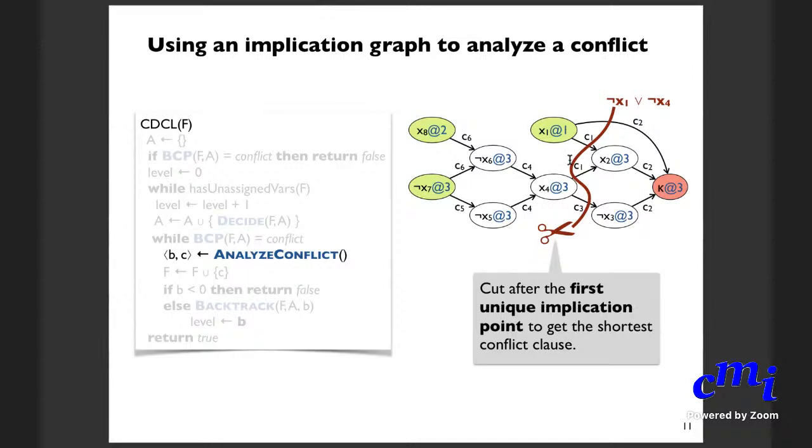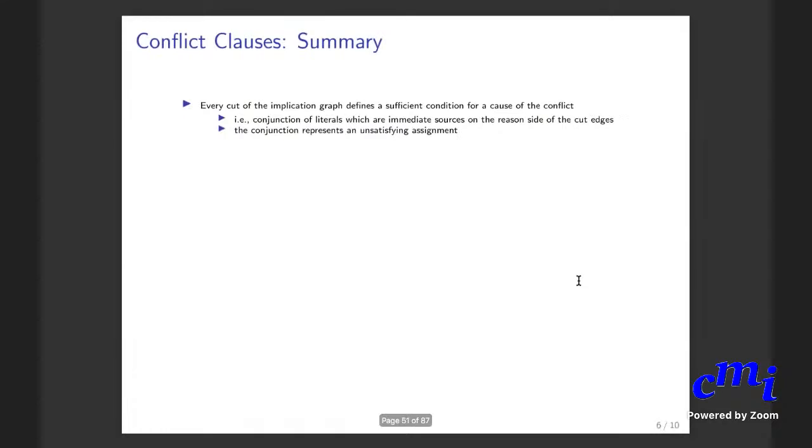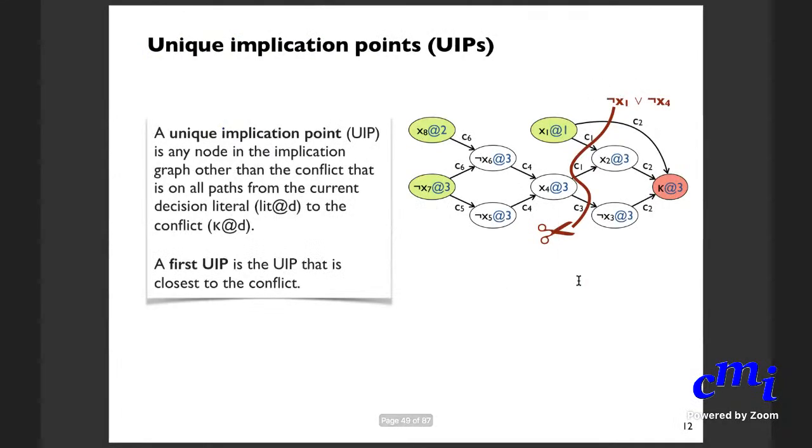So a conflict clause that also happens to contain the unique implication point as part of it is what is chosen, because that is an asserting clause. Sorry, this one is called an asserting clause.